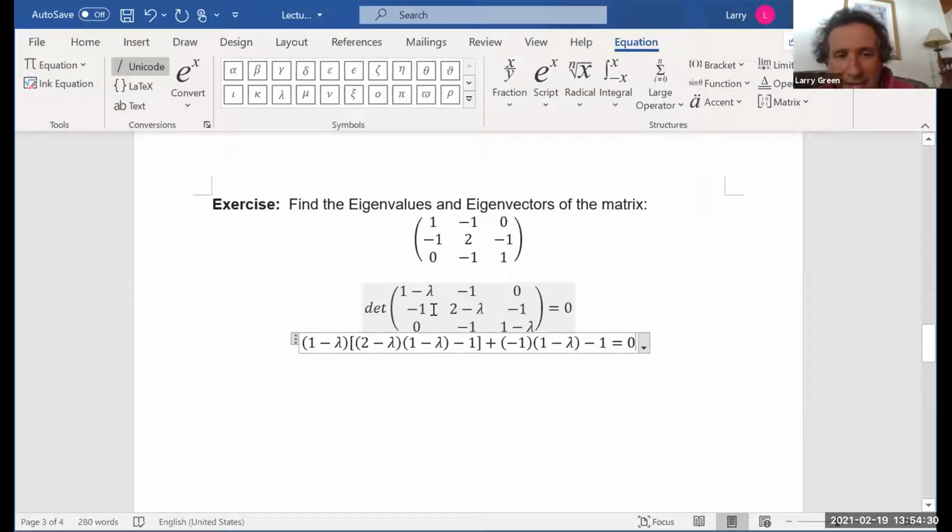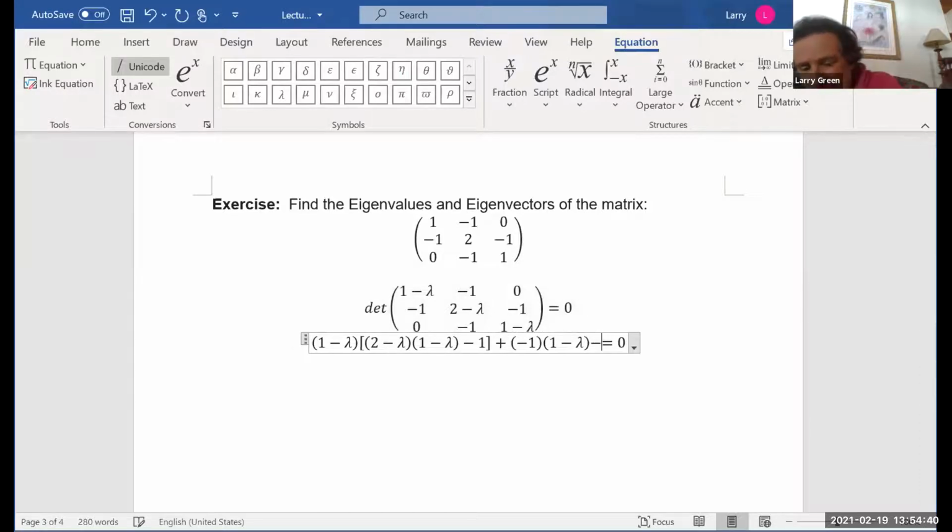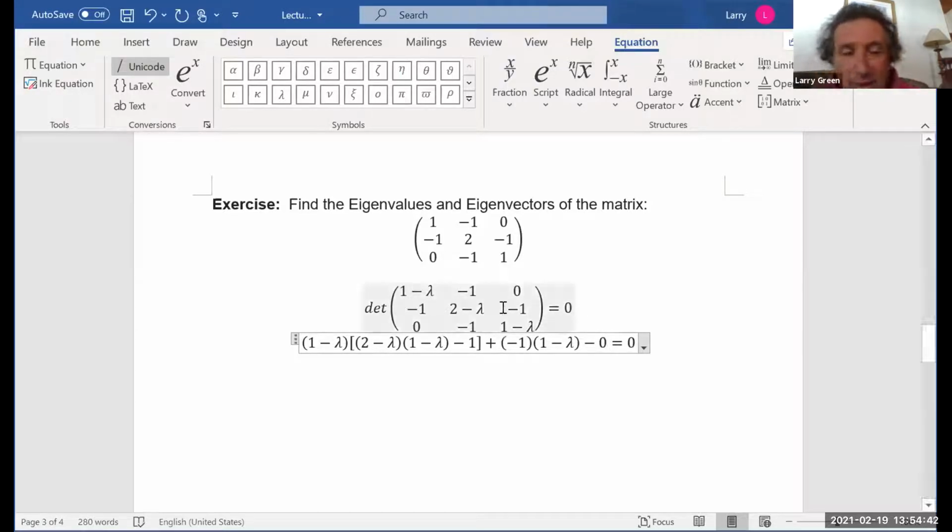And then you take its minor, and that's negative 1 times 1 minus lambda. And then, oh, you know what? That should be a minus 0, because we got rid of that one. We get negative 1 times 1 minus lambda. And then 0 times negative 1, obviously, is just 0. Any questions so far?